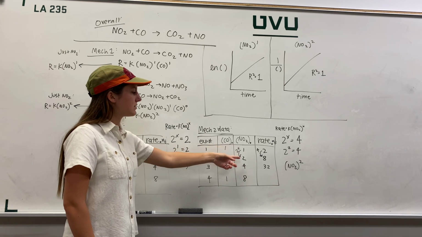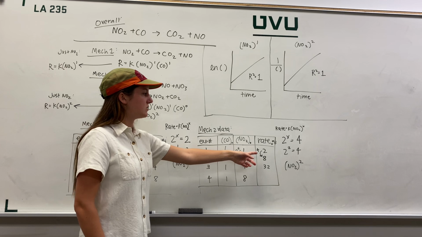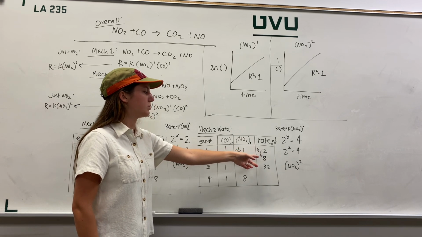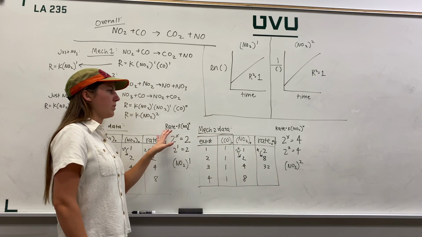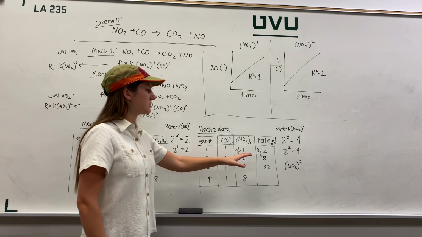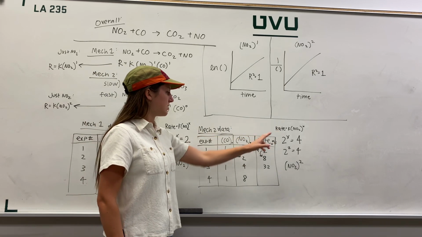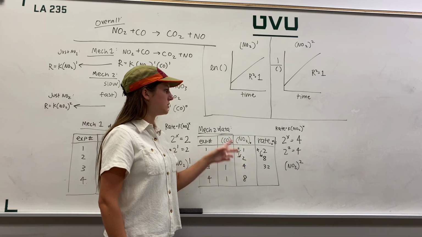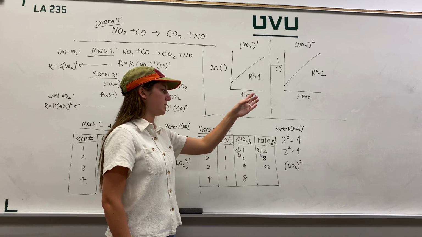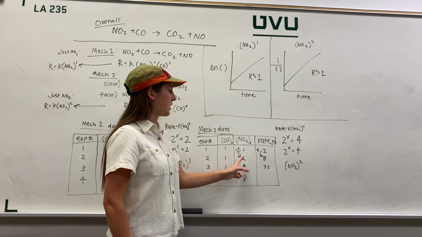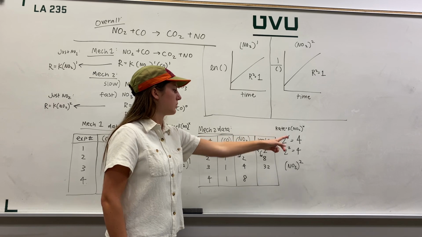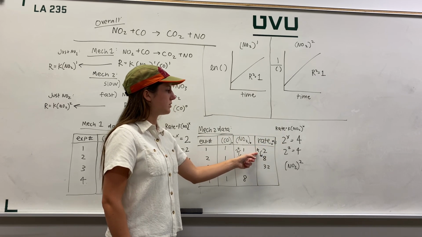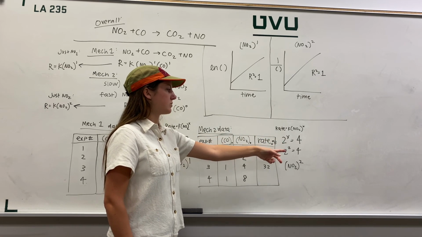If you double it each time, and you see that the rate quadruples, then we do the same thing that we did over here. We know that the rate equals the K constant times the concentration of NO2 to some exponent. So if this doubles, we have 2 to some exponent equals 4 since the rate quadrupled. And we know that 2 squared equals 4.